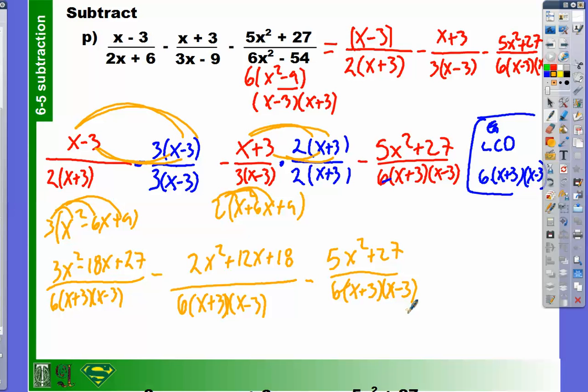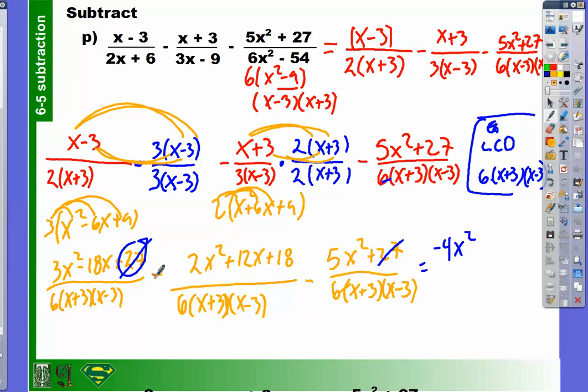Alright, so now it's time to actually do my subtraction. I did all that stuff just so I could actually do my subtraction. Now the first thing I noticed is I have a 27 here, and I have a negative 27 here. Well, 27 minus 27 is 0, so that crosses out. So then, 3x squared minus 2x squared, well, that's just 1x squared. 1x squared minus 5x squared is going to be negative 4x squared.